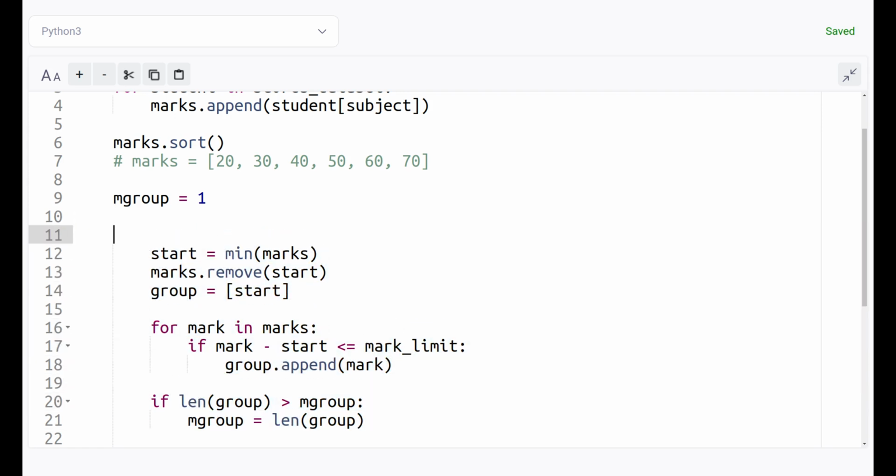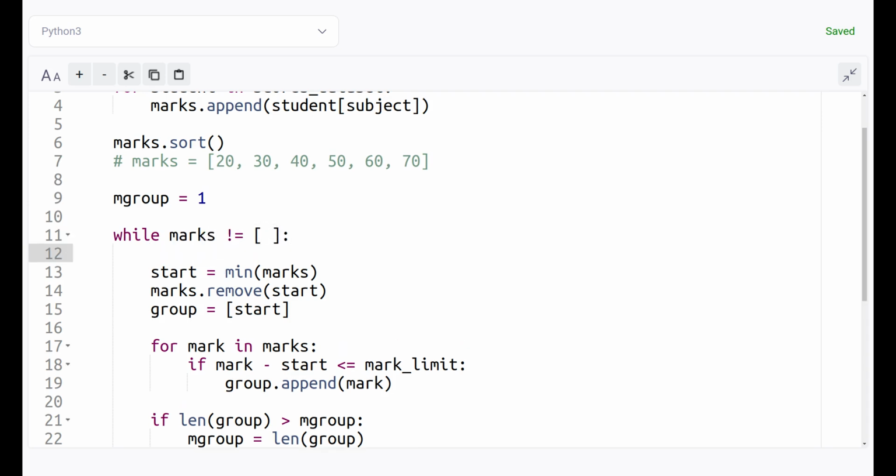Till what point do I have to repeat? To keep things safe, I can repeat this as long as this list is non-empty, so repeat this while marks is not equal to the empty list, because when marks is empty, what group can you form? You can't form any group.